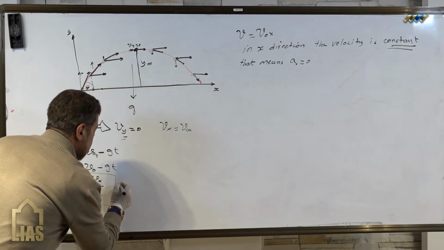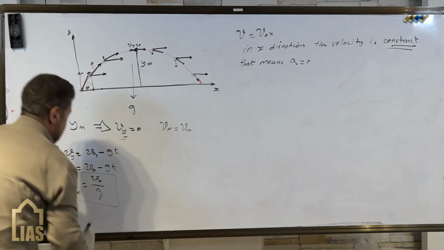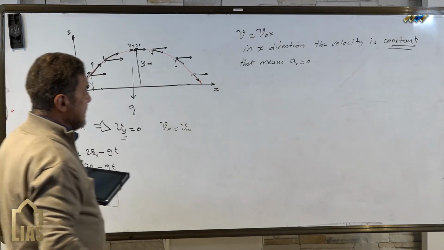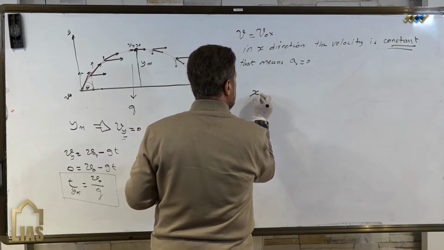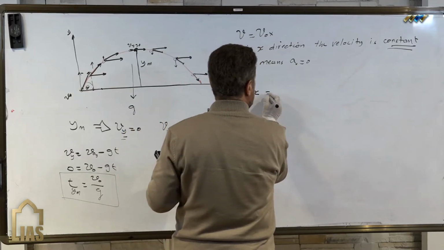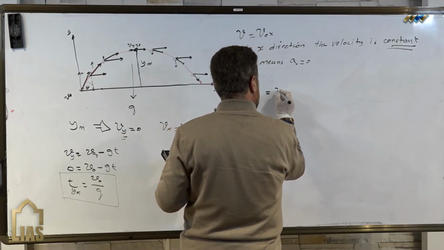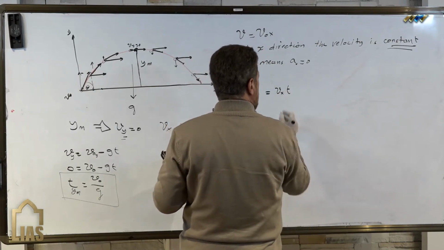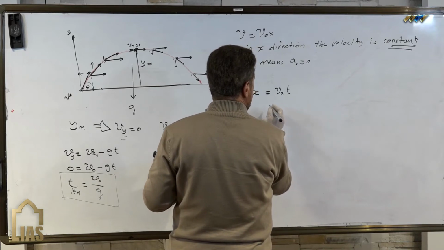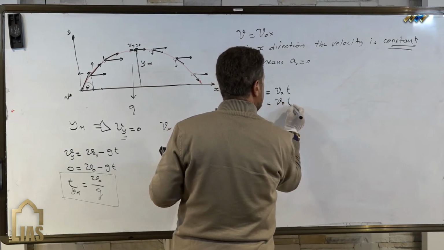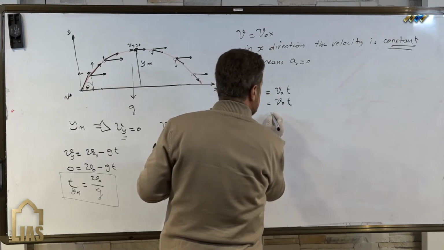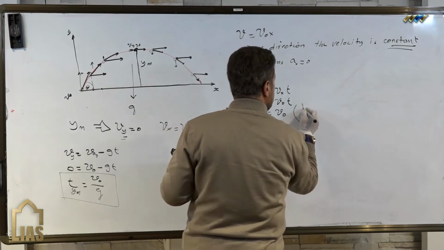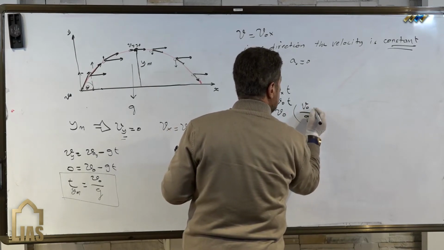Okay, this is at y maximum. Let's see in the x direction. Okay, it's vxt. vx is the same as v0, so x is equal to v0t, and we take t here as v0 over g.